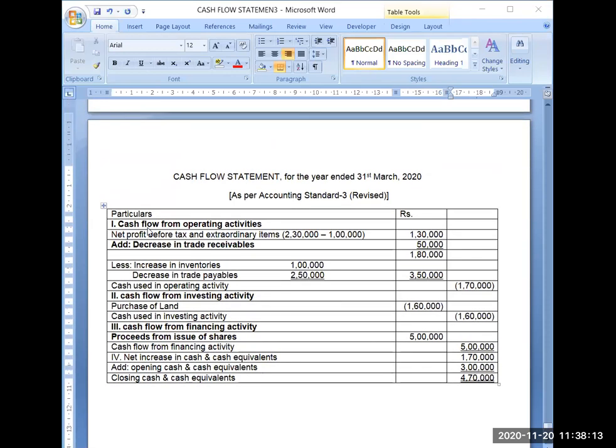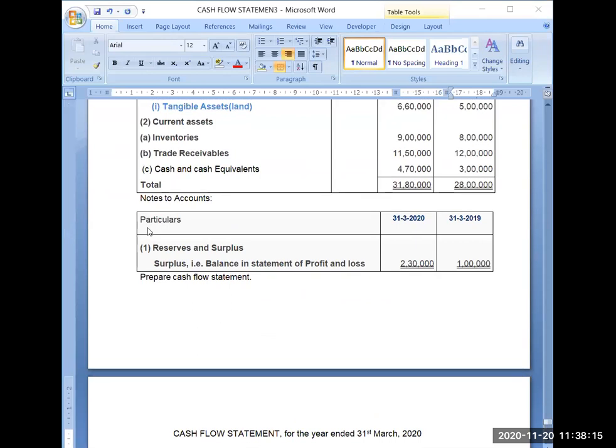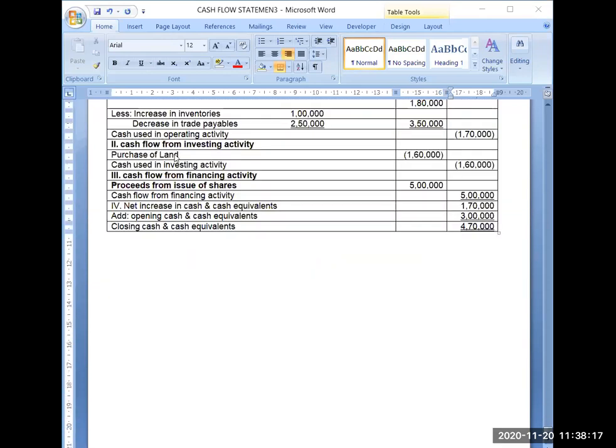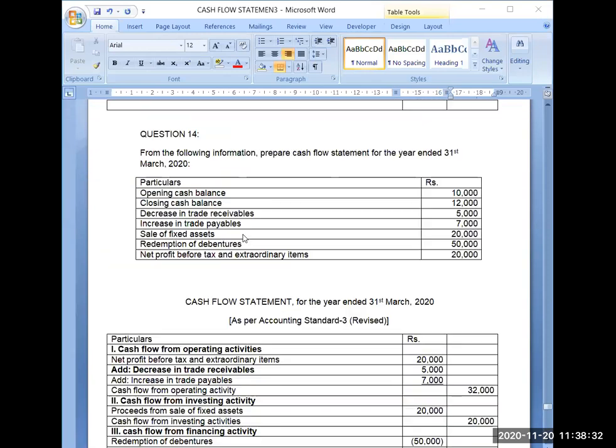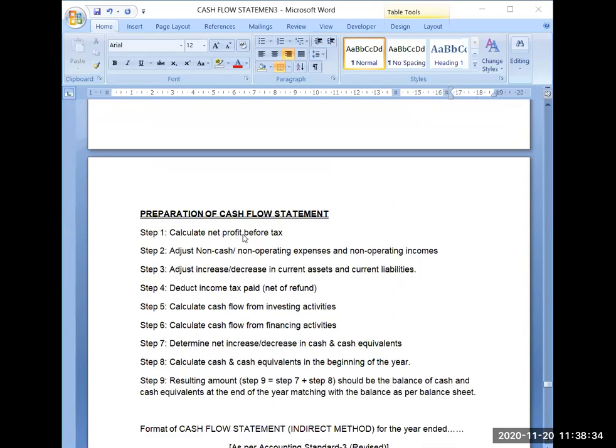Then in the fourth step, no tax information is given in the question. Then in the fifth step, we will find out cash flow from investing activity. Sixth step, we will find out cash flow from financing activity. So this way you have to proceed in the question. Step by step, you have to complete each and everything. So be particular about the steps.